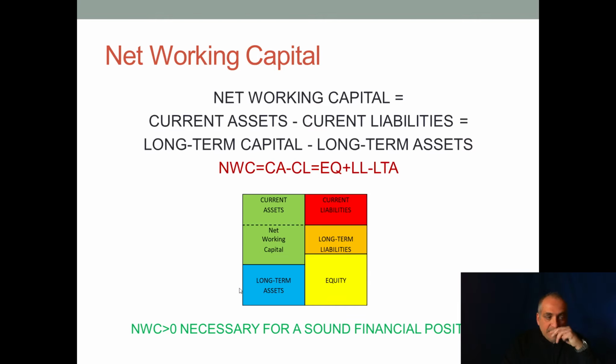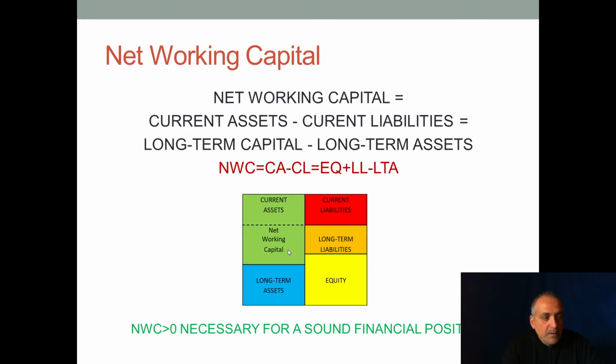So let's have a look at the classical way we express this type of relationship. We have current assets in green, and on the other side current liabilities in red. If we have current assets greater than current liabilities, we get a positive net working capital.